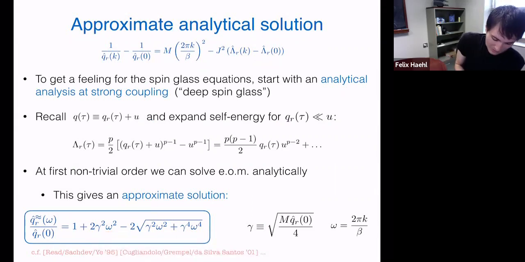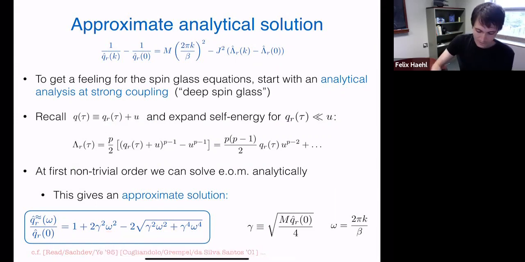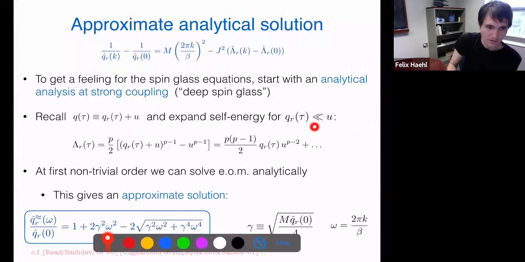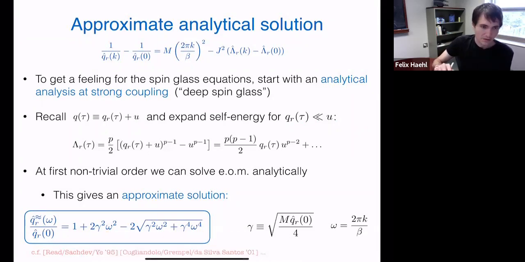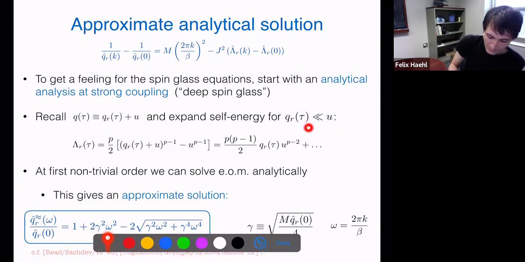Let me remind you that Q, the full spin 2-point function, I split into this constant order parameter that is now finite, plus some time-dependent piece Q_R. And in the strong coupling regime, this Q_R is much smaller than U, so the solution is dominated by that constant value. So we can do a perturbative expansion in this time-dependent piece Q_R.